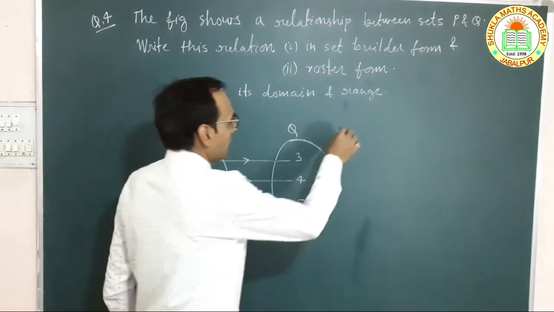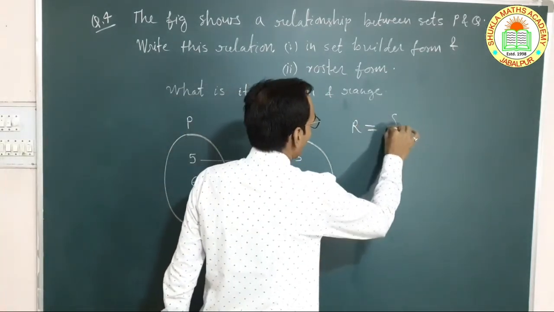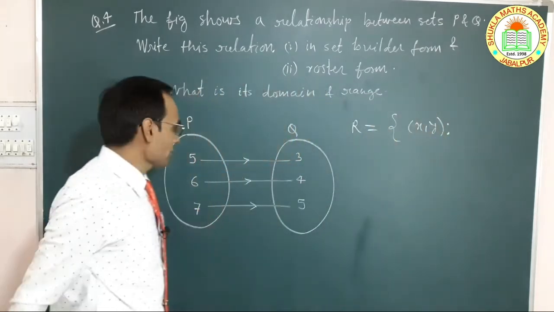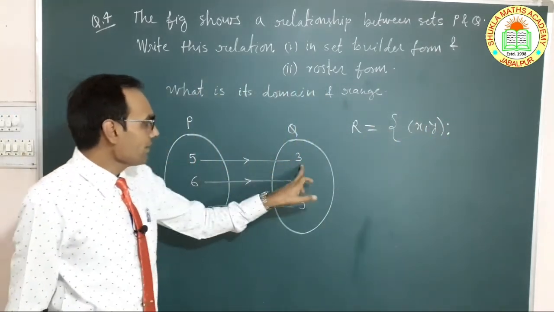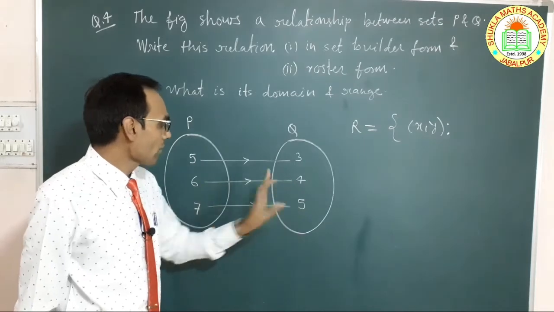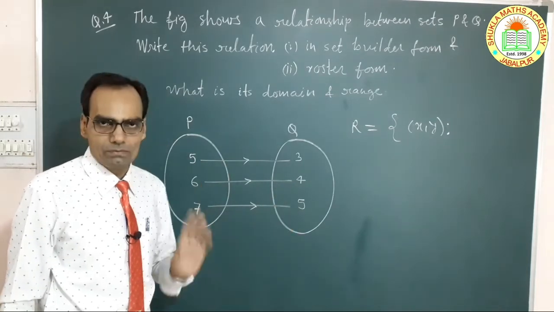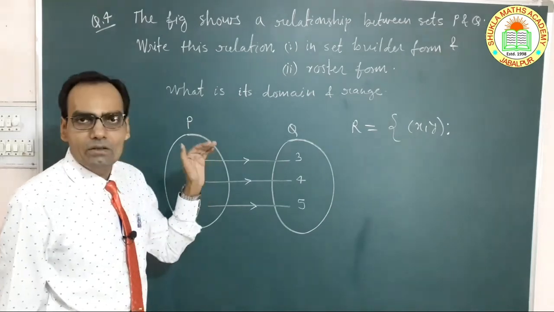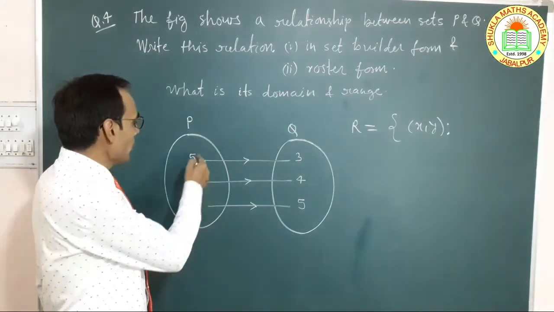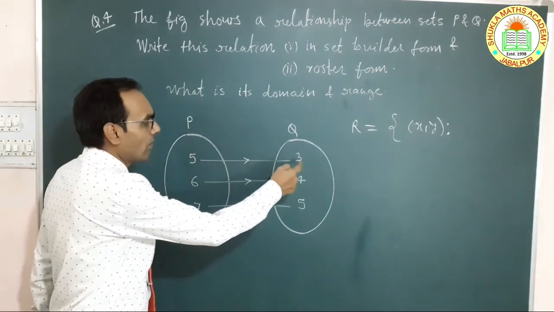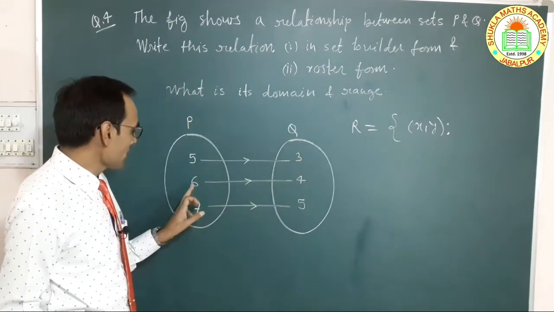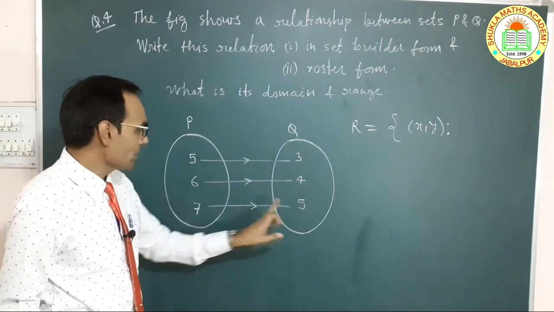Now here the relation is {(x, y) such that}, now see, 5 relates to 3 and 6 relates to 4 and 7 relates to 5, means we get less than 2. So value of x is 5, so we get the value of y, means second value of the set Q is 3, and 6, here 4, and here 7 to 5.